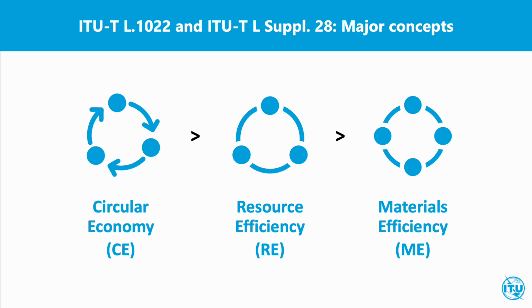Furthermore, materials efficiency is used in parallel with resource efficiency, or as a more precise concept dealing with raw materials only, excluding energy. Resource efficiency is, therefore, seen as a subcategory of circular economy and materials efficiency as a part of resource efficiency.